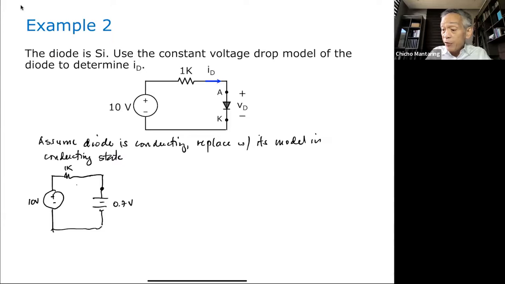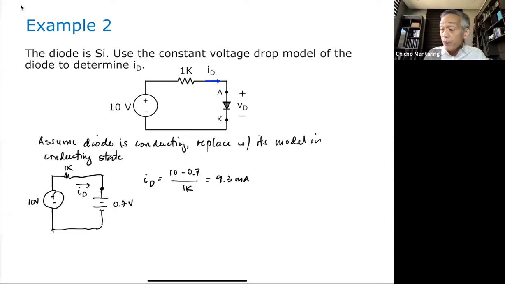So what will be I sub D? I sub D will now be 10 minus 0.7 divided by 1K, and this is going to come out 9.3 mA.